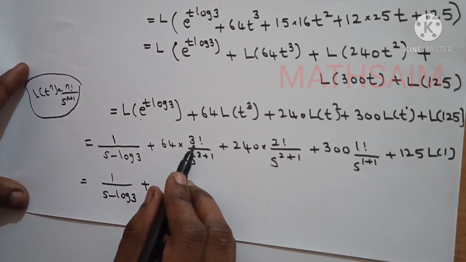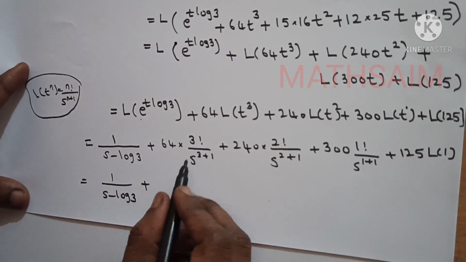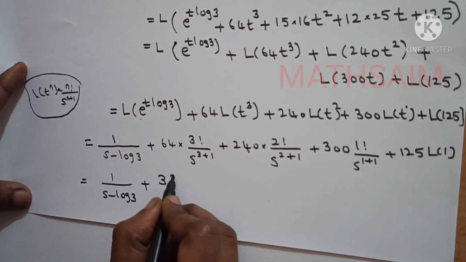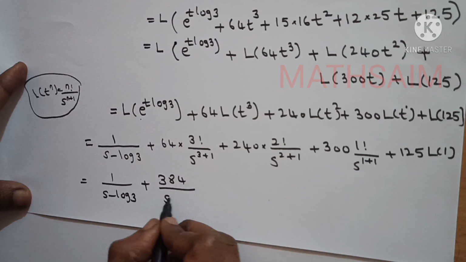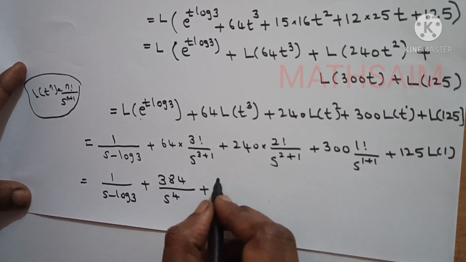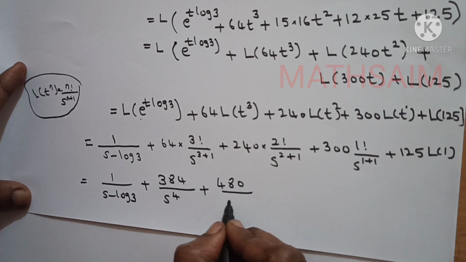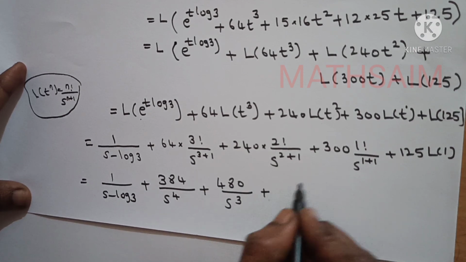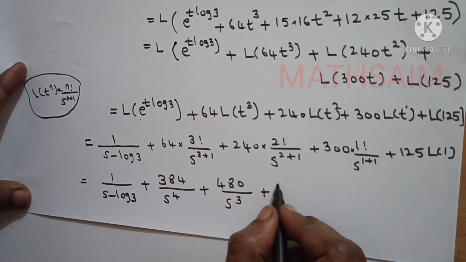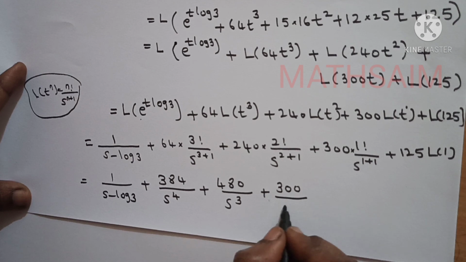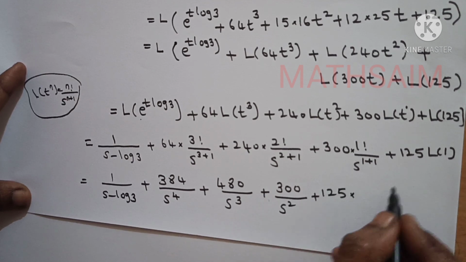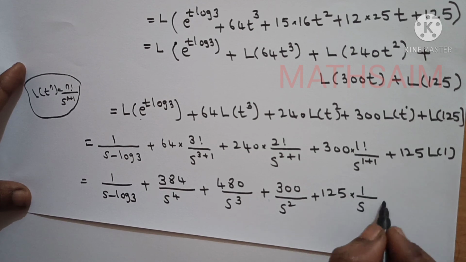It is 6. 64 into 6 is 384 divided by s power 4, plus 2 factorial is 2, 240 into 2 is 480 by s power 3, plus 300 into 1 factorial divided by s power 1 plus 1, which is 2, plus 125 into Laplace transformation of 1, which is 1 by s. That's all.